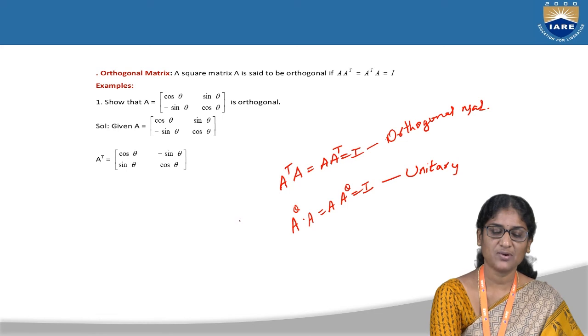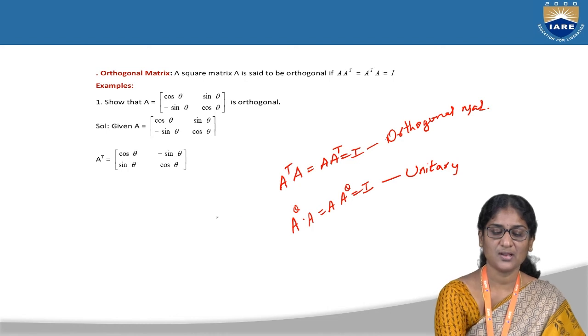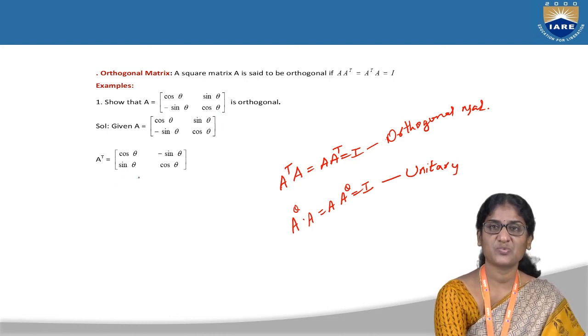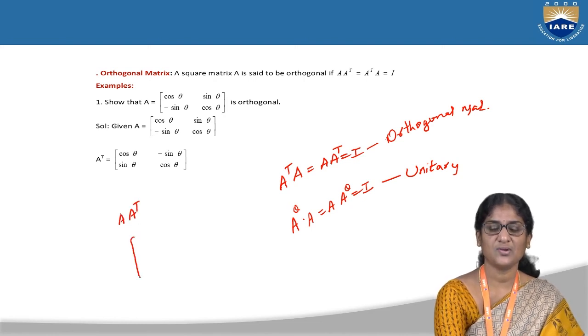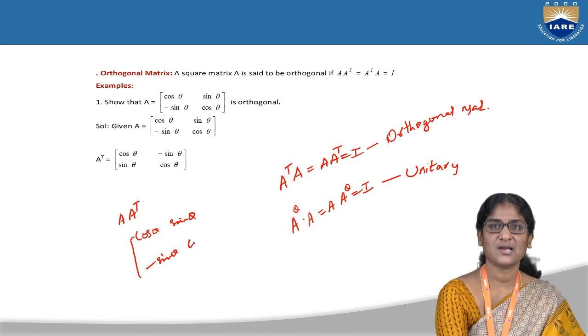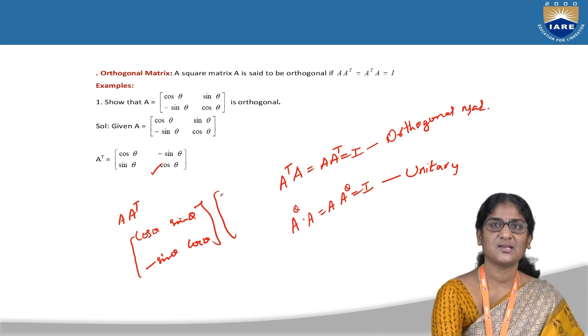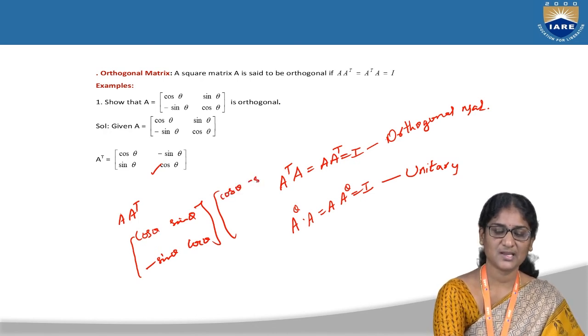Show that capital A is equal to cos theta, sin theta, minus sin theta, cos theta is orthogonal. Okay, now you do A transpose, which is cos theta, minus sin theta, sin theta, cos theta, right? Now what is A into A transpose? Multiply these two: A into A transpose, that is cos theta, sin theta, minus sin theta, cos theta, into the other matrix that we got here, cos theta, minus sin theta, sin theta, cos theta.